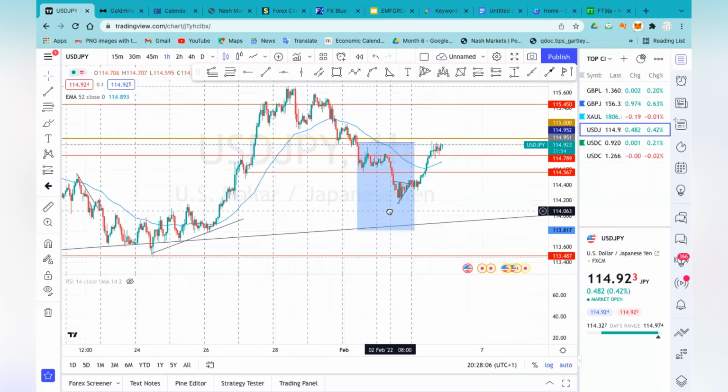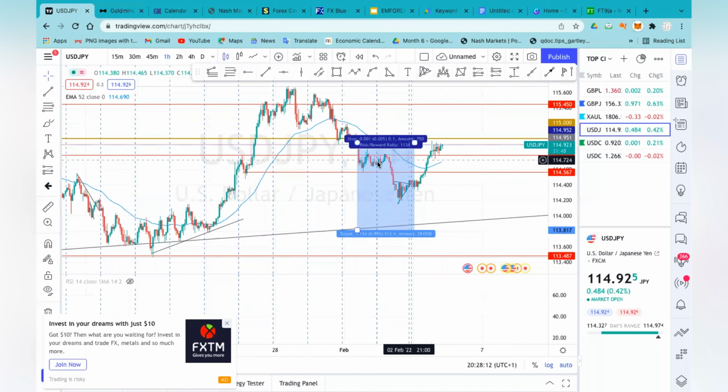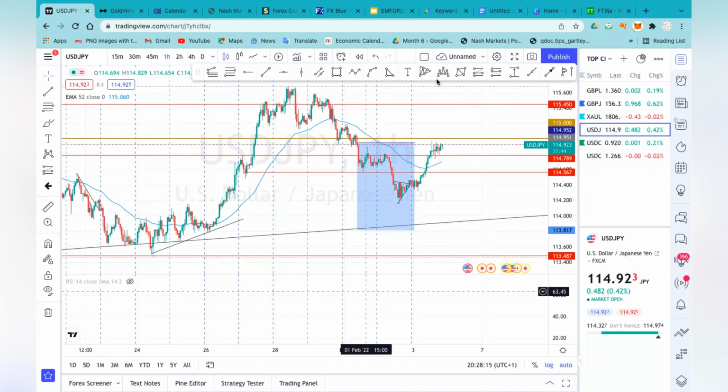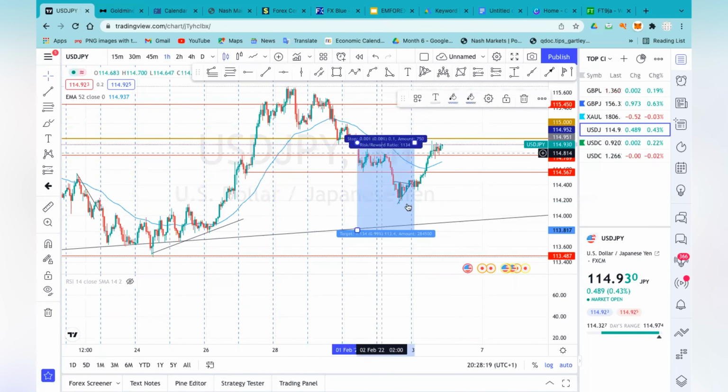As you can see here, you see the trade that we had. I personally took on UJ, which has reversed, but I've left before this entire reversal.